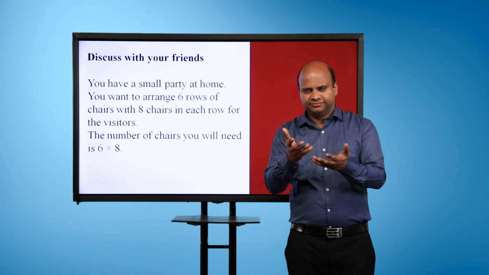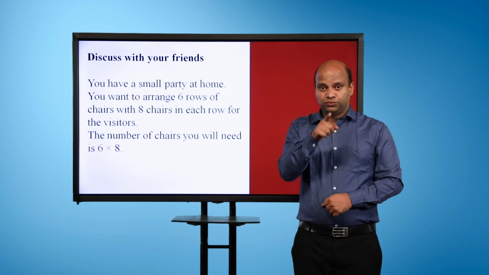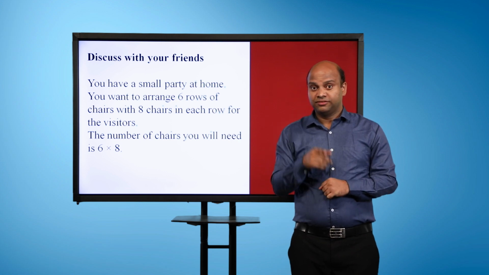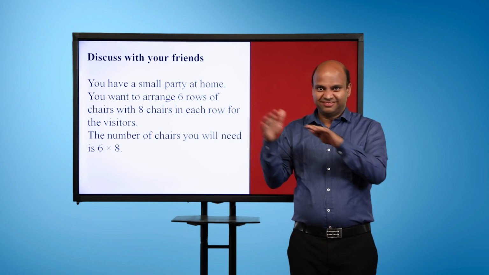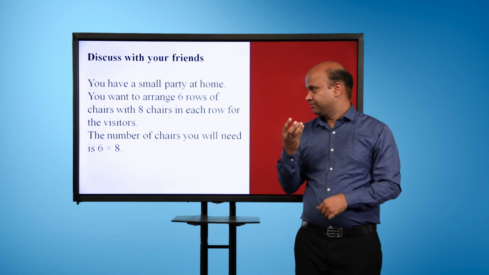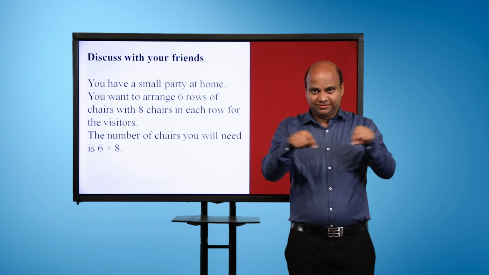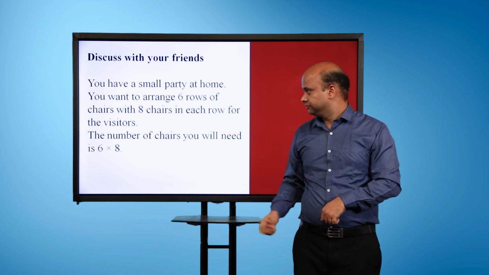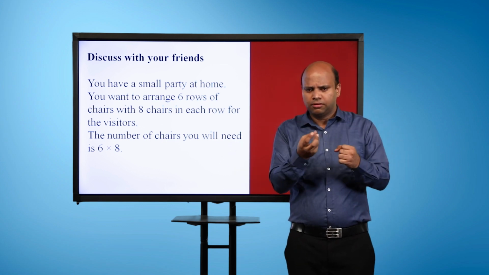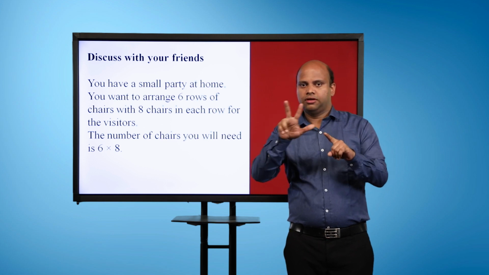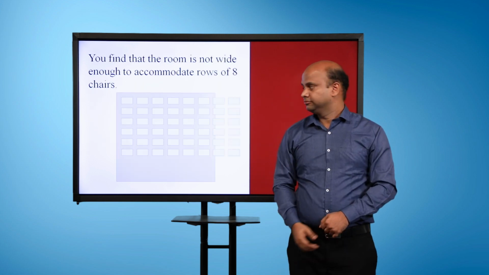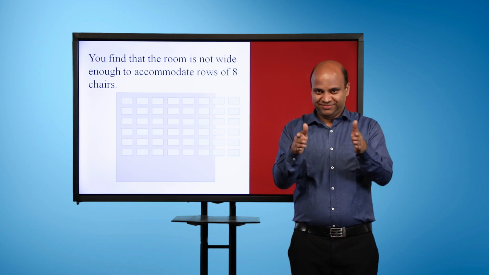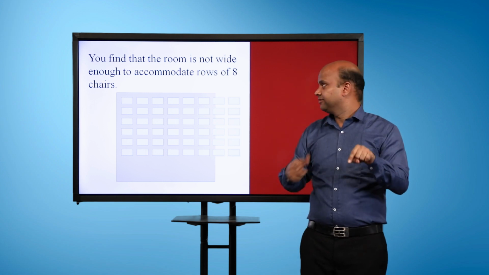Discuss with your friends. You have a small party at home. You want to arrange 6 rows of chairs with 8 chairs in each row for the visitors. The number of chairs you will need is 6 multiplied by 8. You find that the room is not wide enough to accommodate rows of 8 chairs.